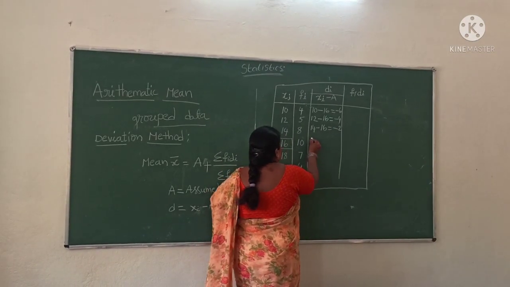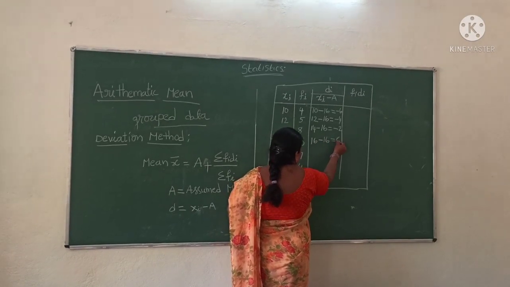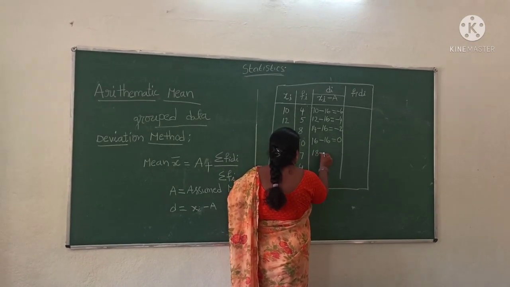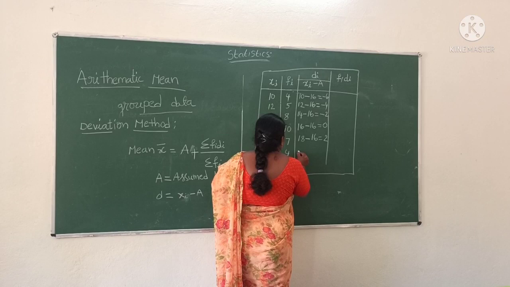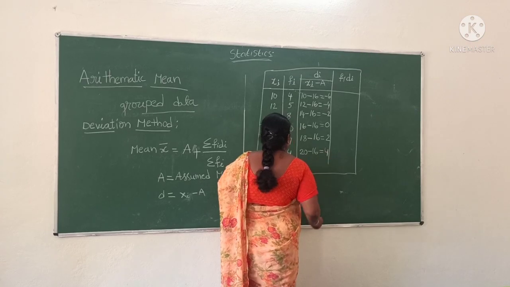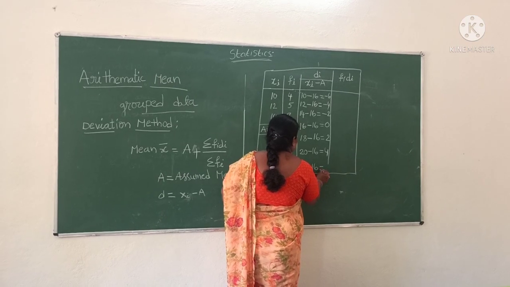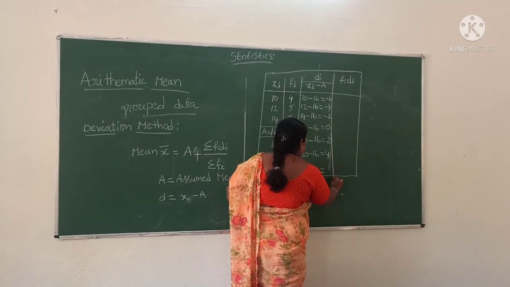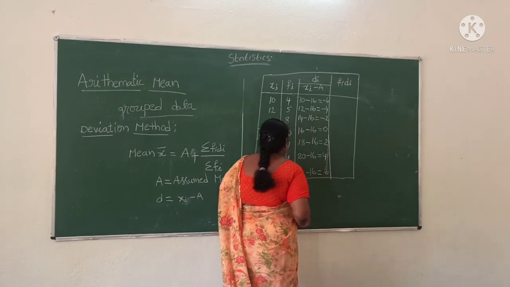Next 16 minus 16 is 0. 18 minus 16 is 2. 20 minus 16 is 4. 22 minus 16 is 6.